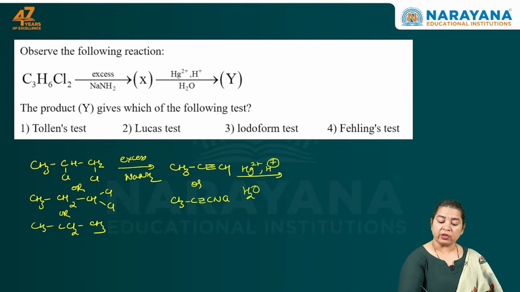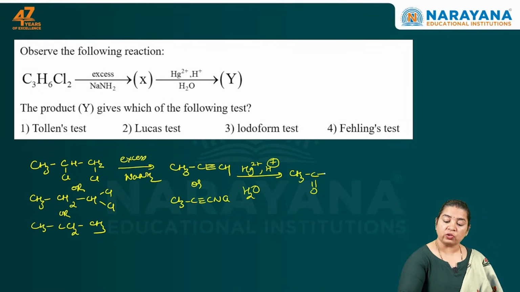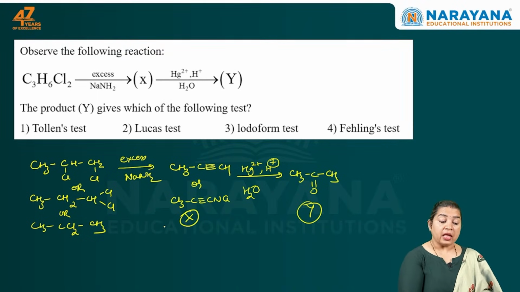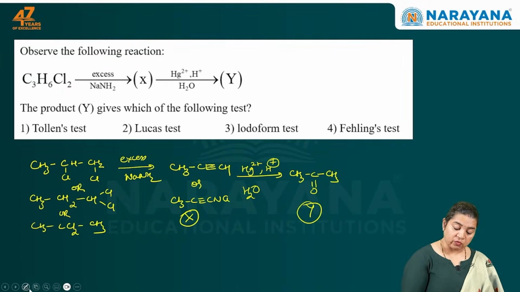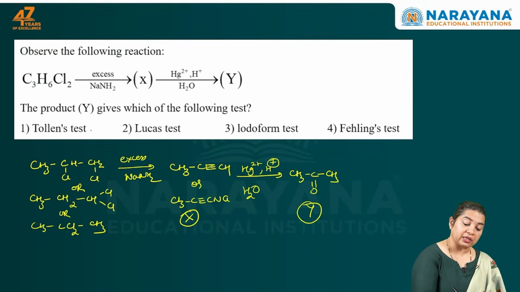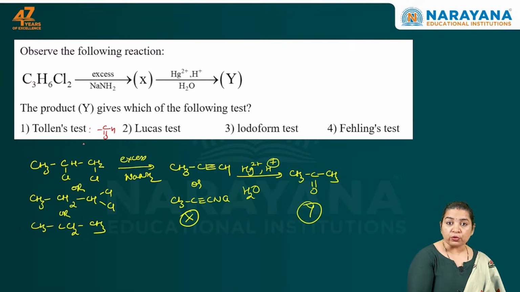So, whatever you take, ultimately it is a Kucherov reaction, Markovnikov addition of water followed by tautomerization. So, the product Y is a ketone, acetone. The product Y gives which of the following tests? Tollens test is characteristic for the aldehyde group, not the ketone group.